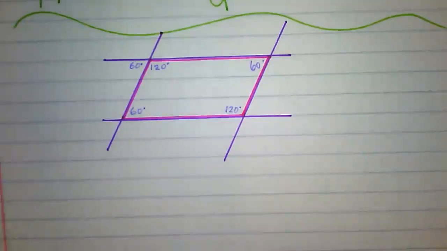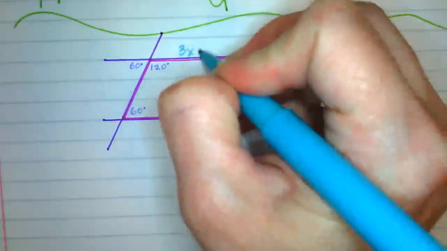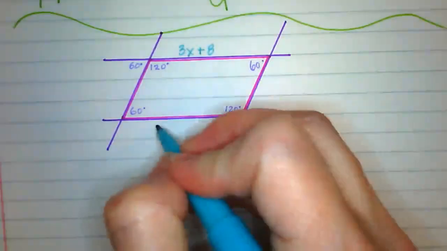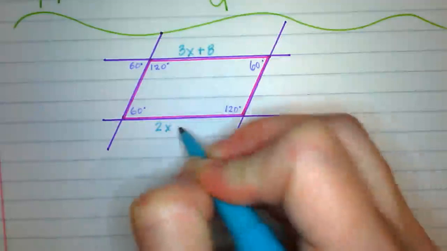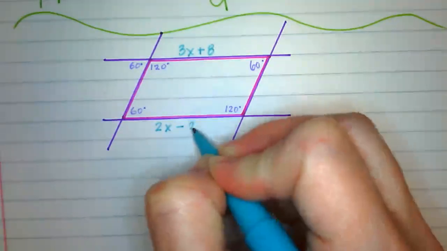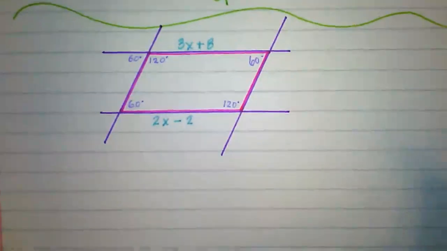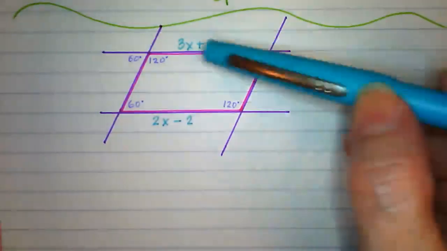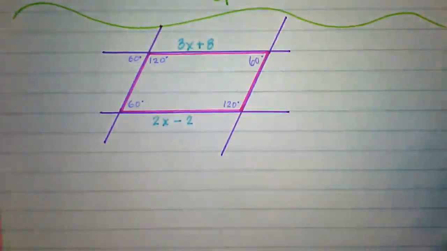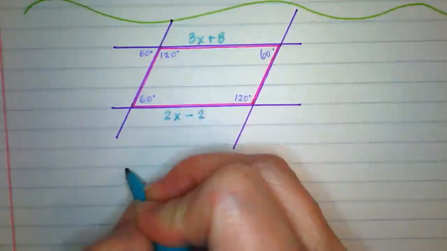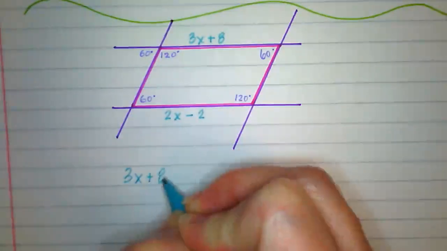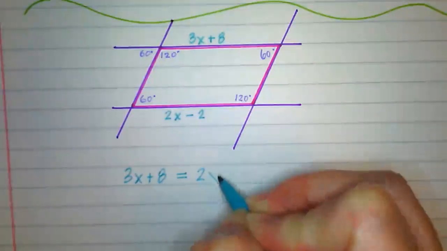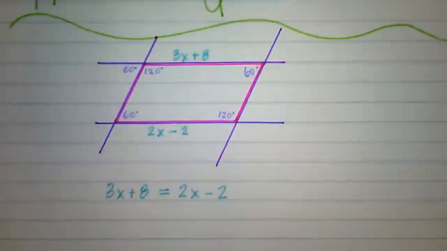Let's say you are told, and I'm just making this up, that this side is 3x plus 8 and this side is 2x minus 2, and you're trying to figure out what x is. You can easily do that. You know that these two sides are congruent, so you can just write an equation: 3x plus 8 is equal in length to 2x minus 2, and then you could solve. So that could easily be done on there.